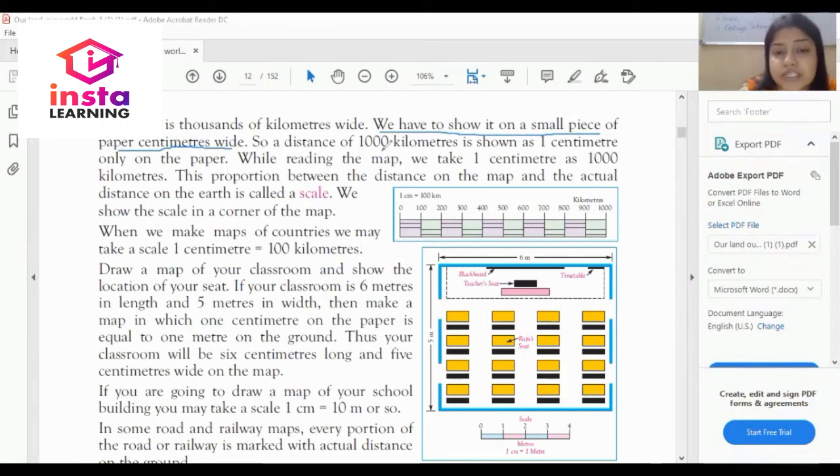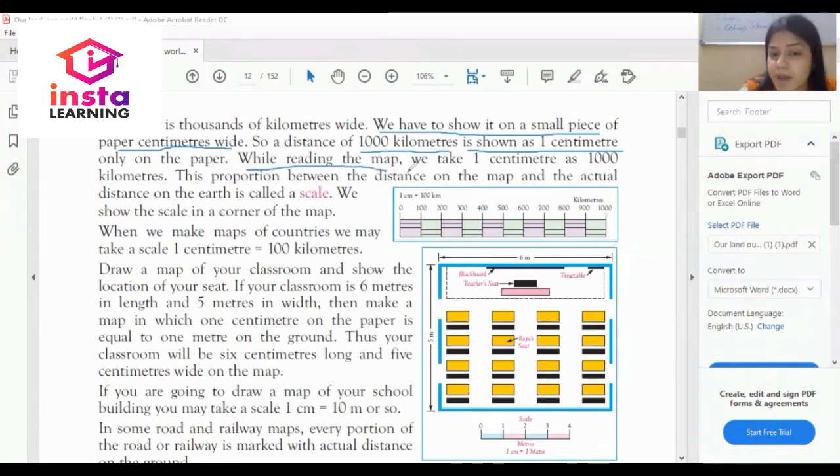So a distance of 1000 kilometers is shown as 1 centimeter. तो हम 1000 kilometers को 1 सेंटीमीटर मानते हैं, क्योंकि हमें छोटा दिखाना होता है मैप में. तो ये तो पॉसिबल नहीं है कि हम 1000 किलोमीटर्स को मैप में दिखाएं. तो हम 1000 किलोमीटर इक्वल्स टू 1 सेंटीमीटर मानते हैं.